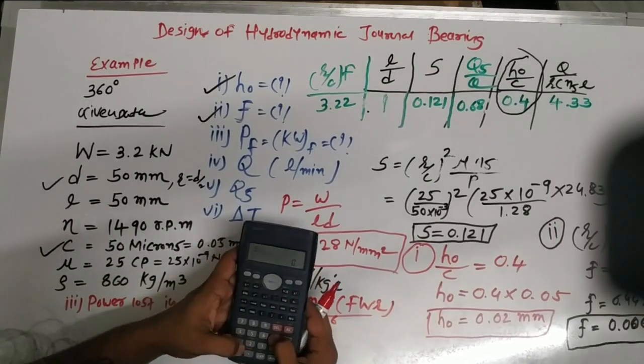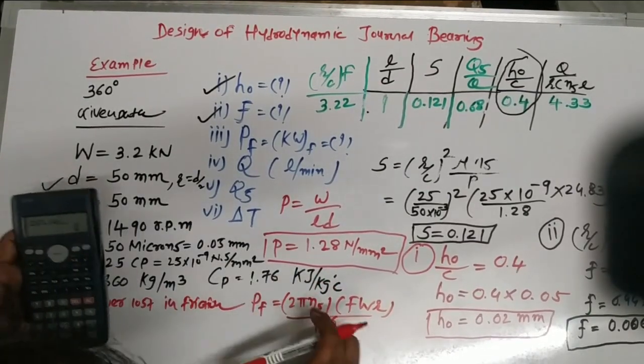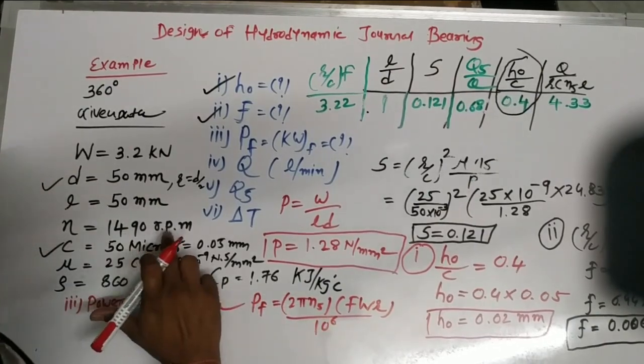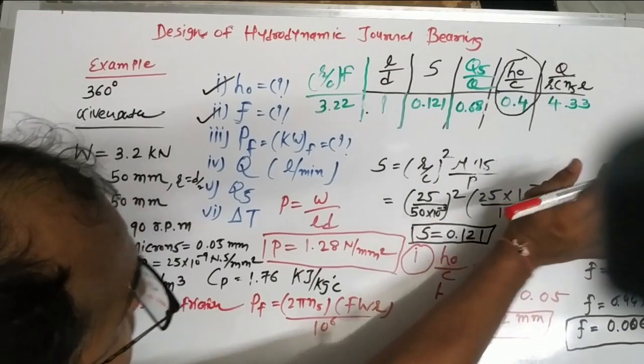So that is 2 into pi into ns. Ns we have already converted from RPM to RPS, and you can see that is 24.83.